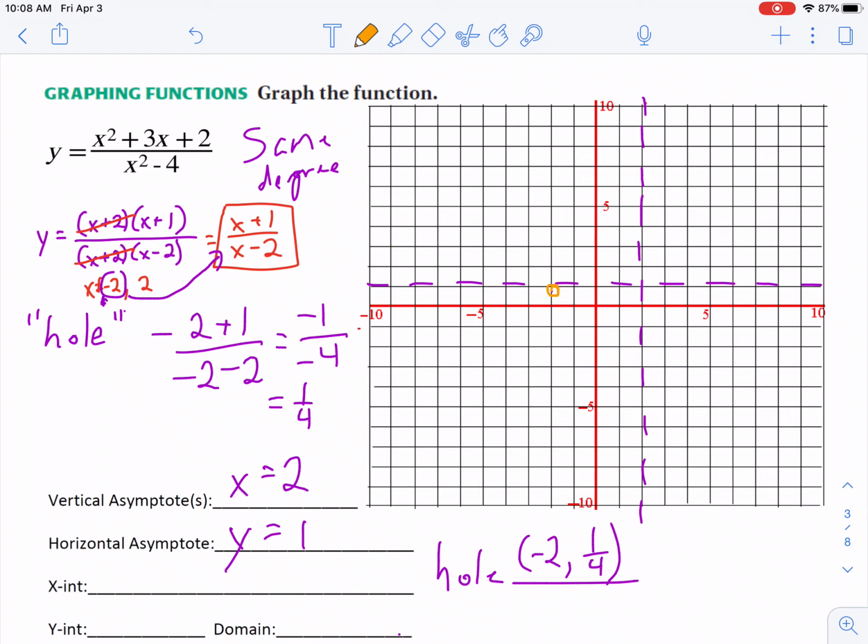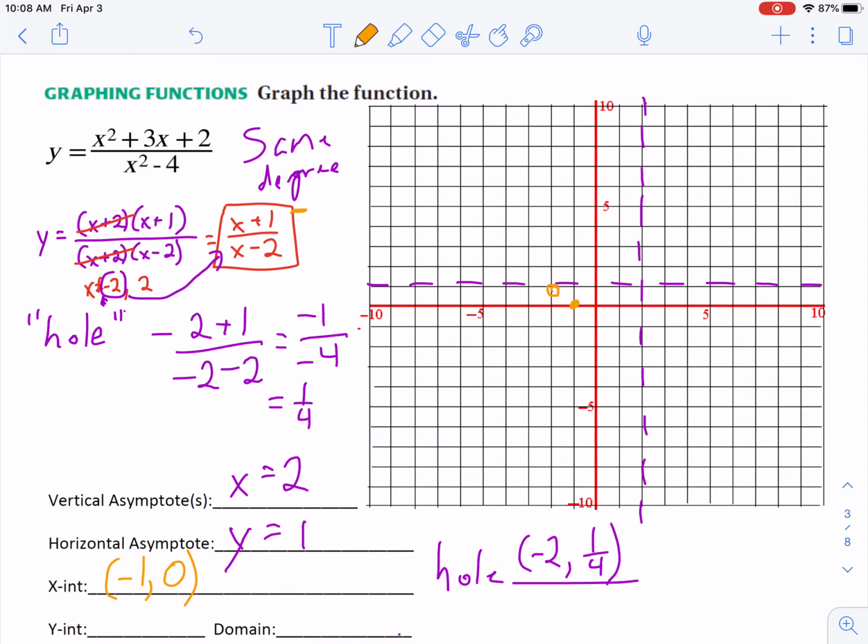Now to find some other points, I can use the x-intercept, y-intercept. The x-intercept, remember, is when you set the numerator equal to 0. And so if I set x plus 1 equal to 0, then that gives me x equals negative 1. So negative 1, 0 is going to be the x-intercept right there.